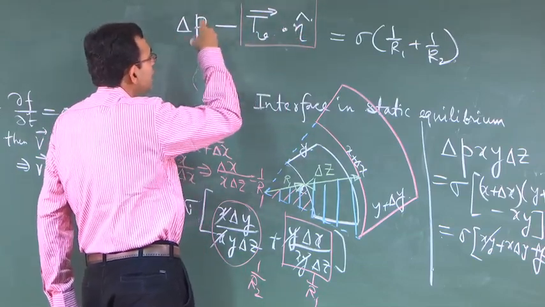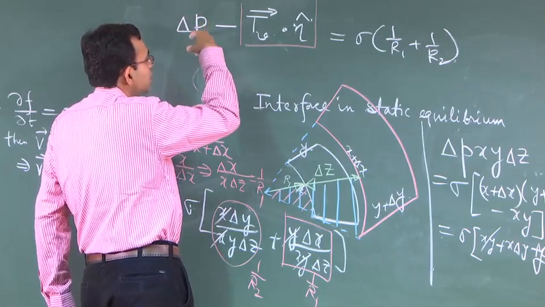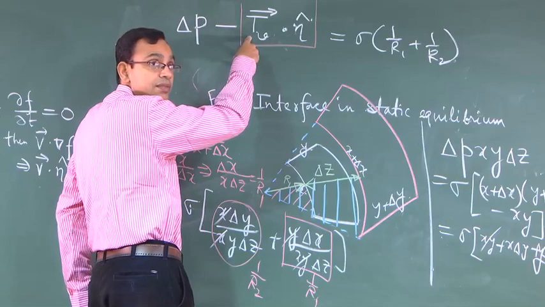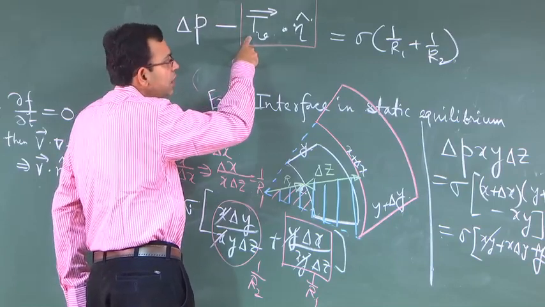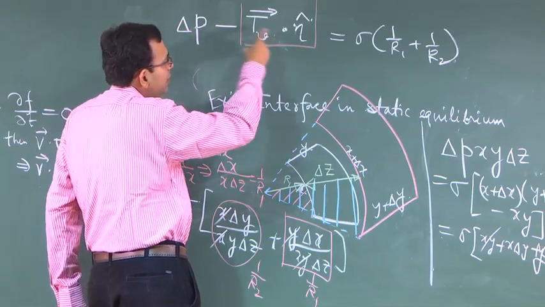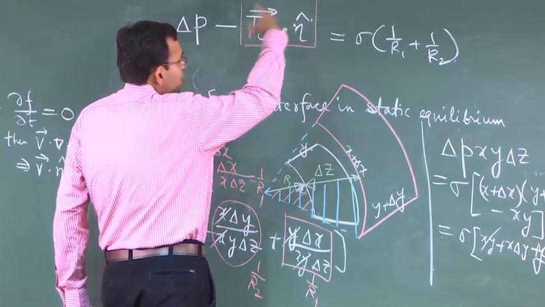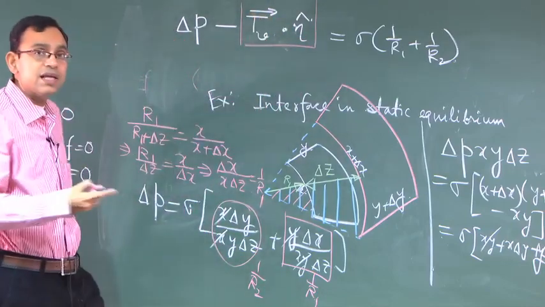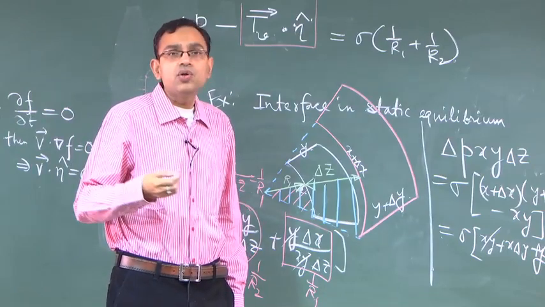Why minus here? Because pressure by its positive sign convention is compressive, whereas this by positive sign convention is tensile. So, the only difference between the static and the dynamic condition is that you add this so-called viscous normal stress, and this is something which we have to keep in mind, is very non-intuitive.